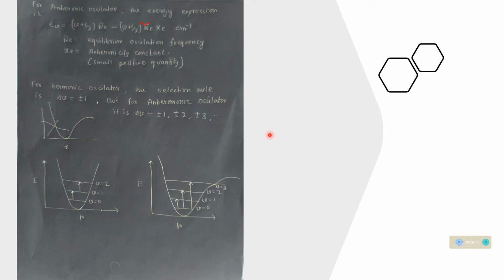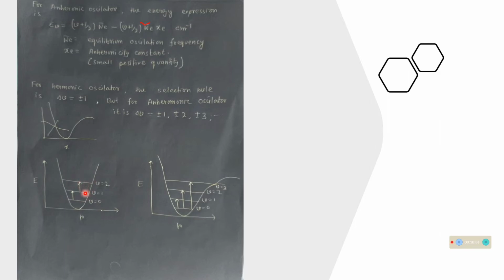So we all know that for the harmonic oscillator, the selection rule is delta V plus minus 1. It means that the possible transitions are like this: V equal to 0 to V equal to 1. Transition will occur only between two consecutive levels. Consecutive levels means V equal to 1 and V equal to 2.